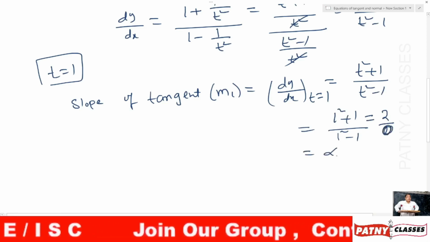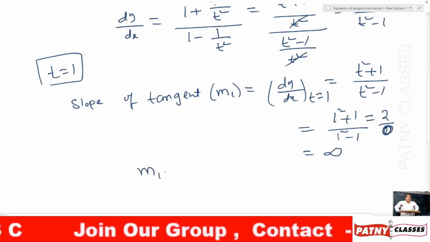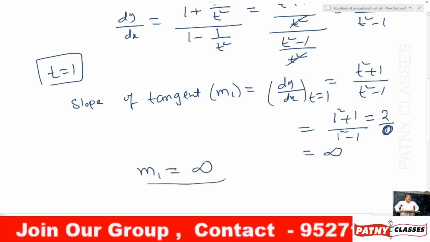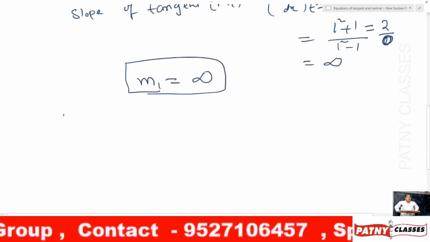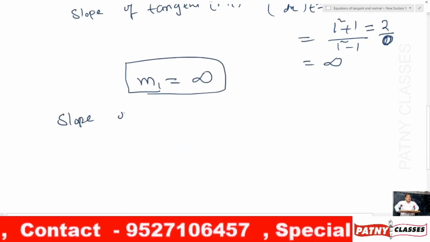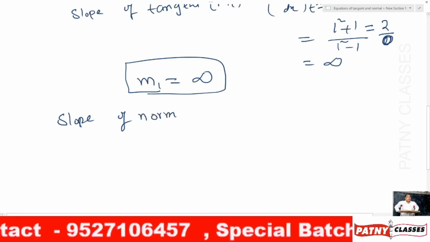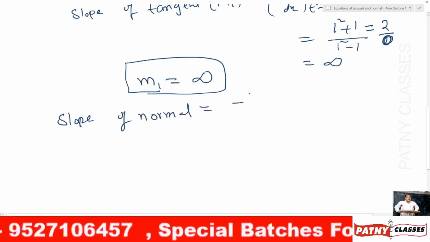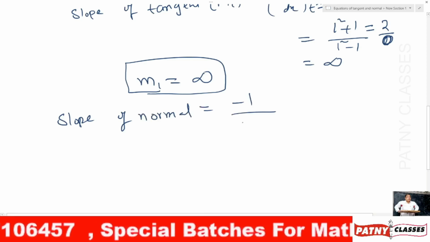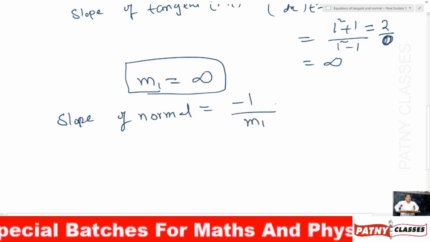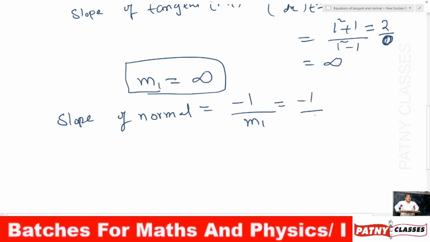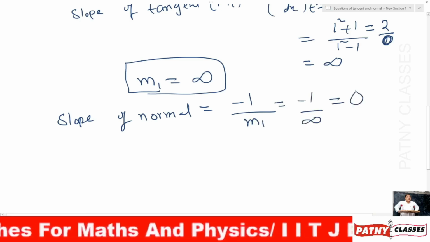So that equals infinity. Therefore slope of tangent is infinity. Now the slope of normal is the negative reciprocal of the slope of tangent. So that is minus 1 upon m1, minus 1 upon infinity, that becomes 0.